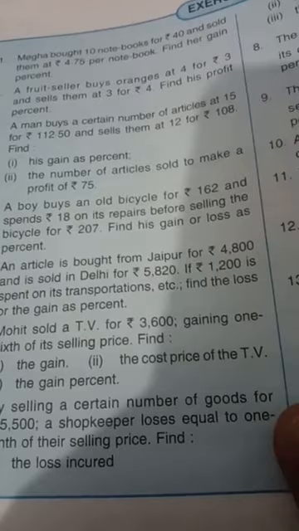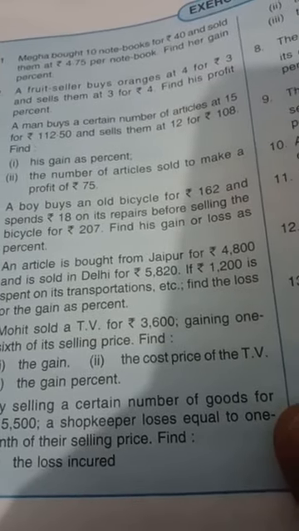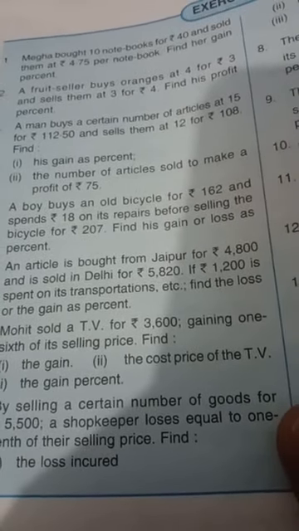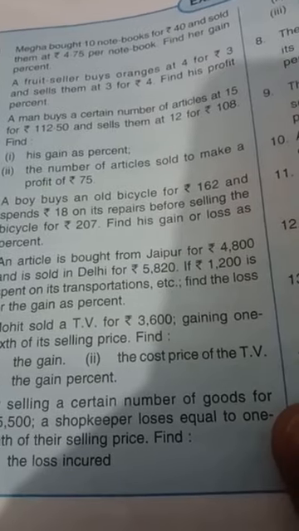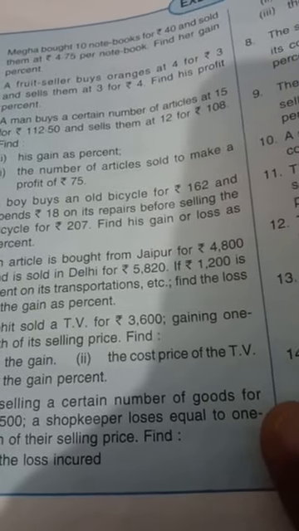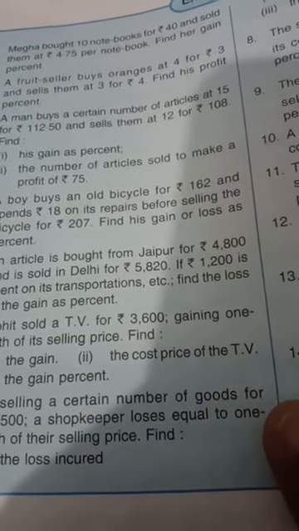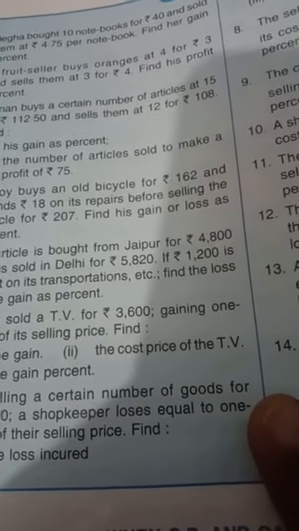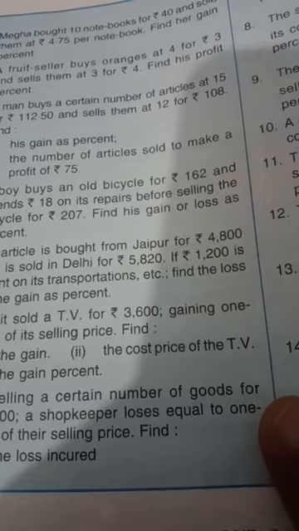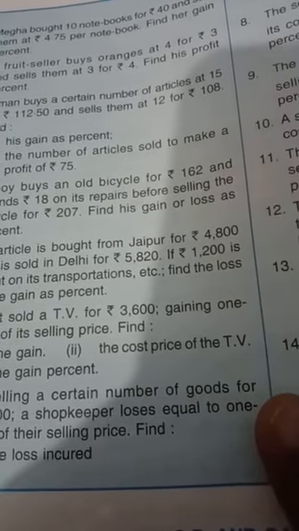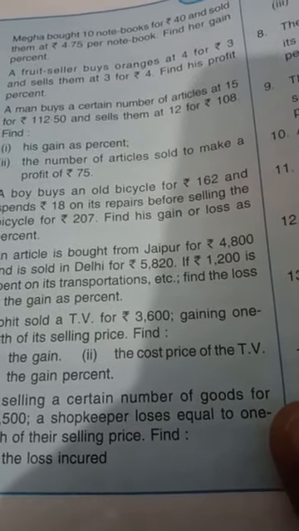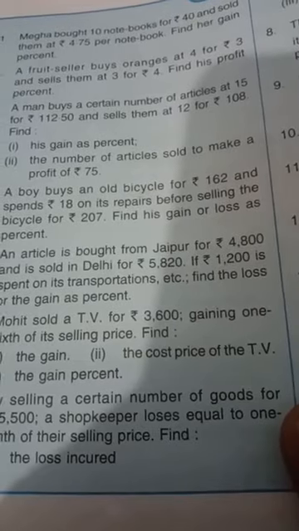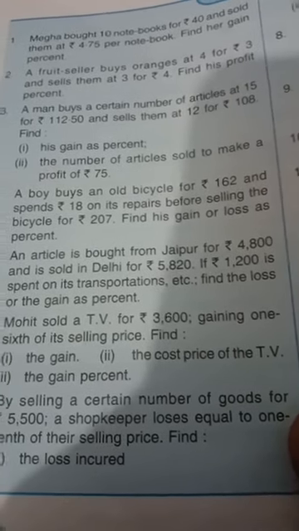So we add this 1,200 to CP, because yesterday we learned one term, overhead expense. What do you mean by overhead expense? Overhead expense means the overall expense along with the CP for transportation, packing, etc. It is added to cost price, CP.